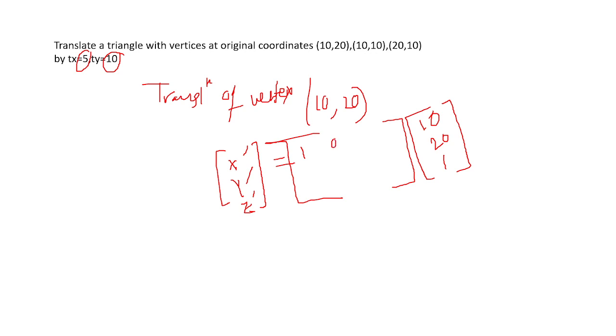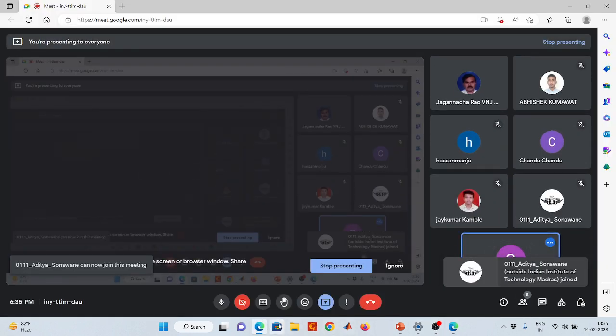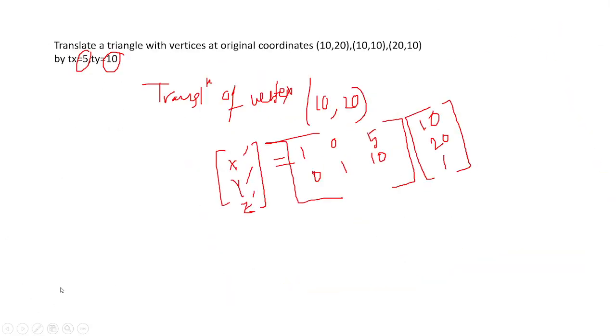Okay. 1, 0, 5, right? Delta x is given as 5. Then 0, 1, and 10. Then the last one is 0, 0, 1.